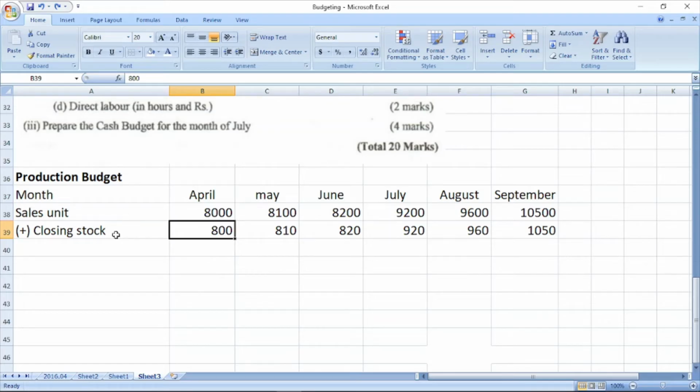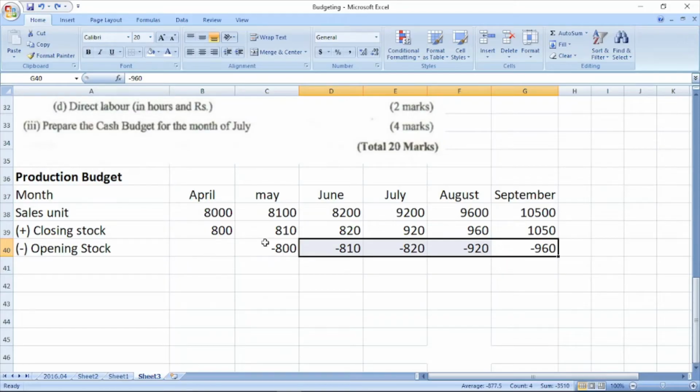They maintain closing stock for each month. So we need to add this closing stock, and the closing stock in the next month will be the opening stock. The April closing stock will be opening stock in the month of May.